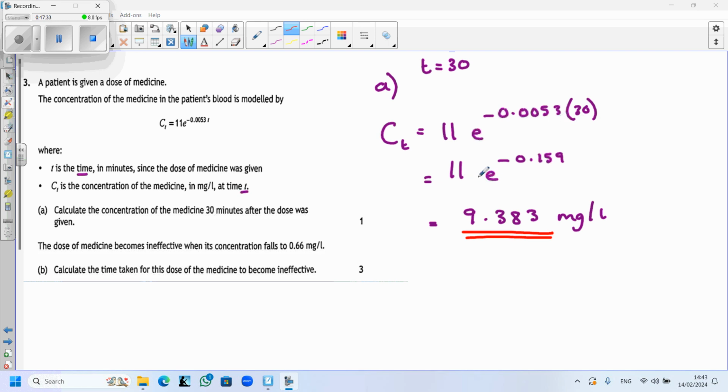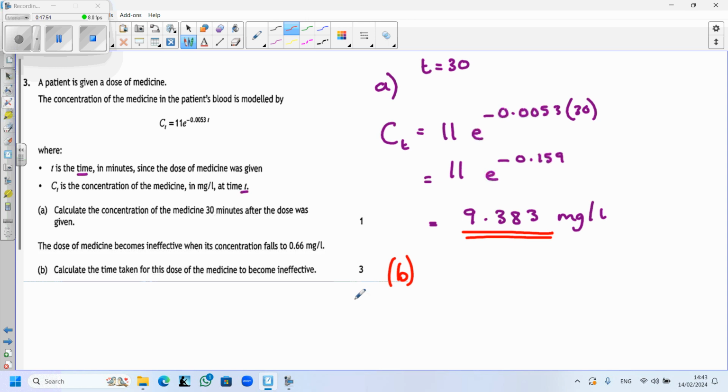So we're now doing 11 multiplied by e to that power. So you've got your e to the power of x on your calculator. Make sure you're using the negative sign that is above the numbers, it's not the takeaway. So that gives you 9.383. So 1 mark for that, not much because it's just a calculator one.